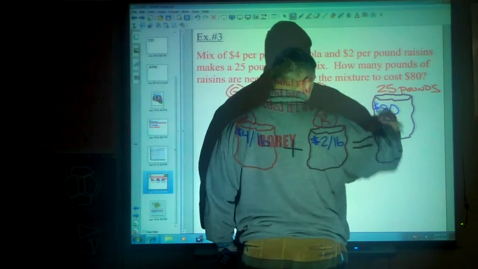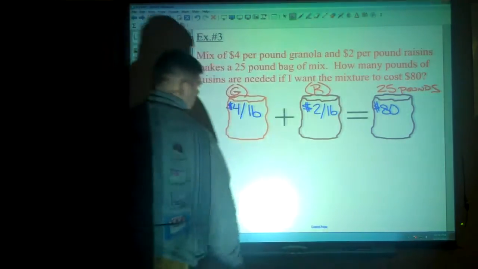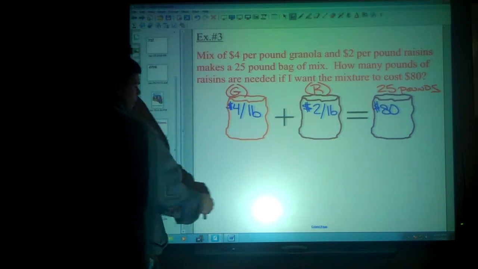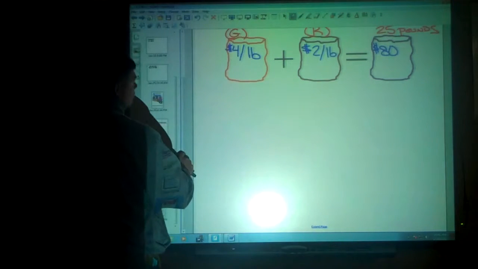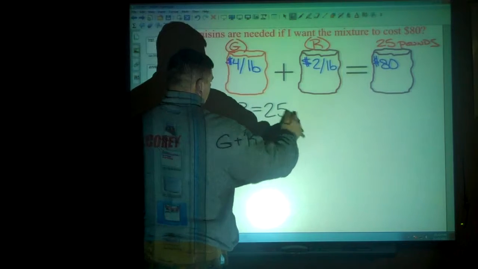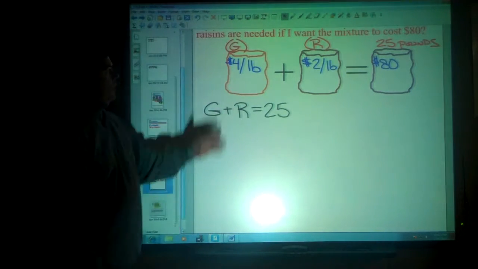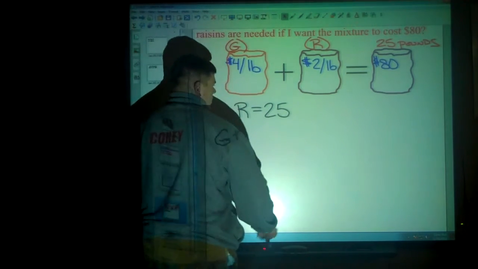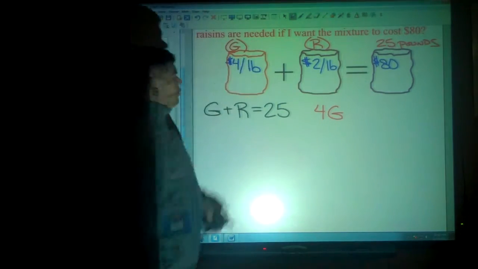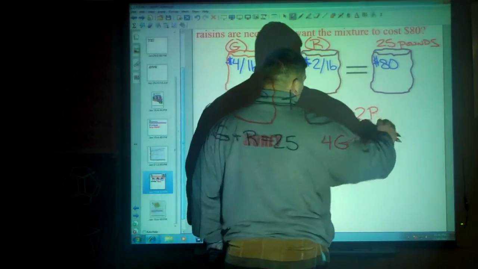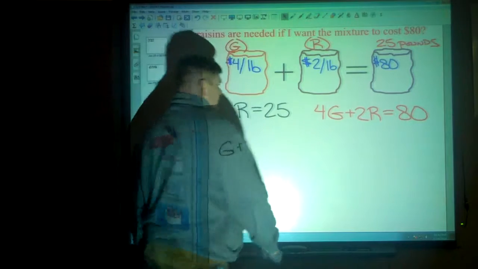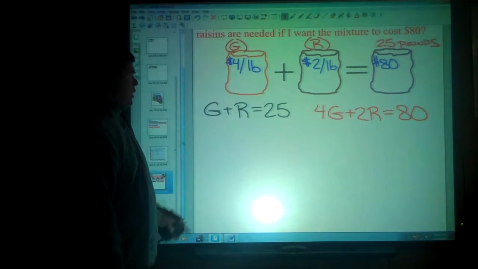Not $80 per pound, just a total of $80. Remember, our two equations generally involve quantity and value. Quantity-wise, we could say all the granola plus all the raisins has to equal 25 pounds. Then we involve the costs. So we could say $4 times all the pounds of granola plus $2 times all the pounds of the raisins has to equal a total cost of $80. It's not $80 per pound, just a total of $80.